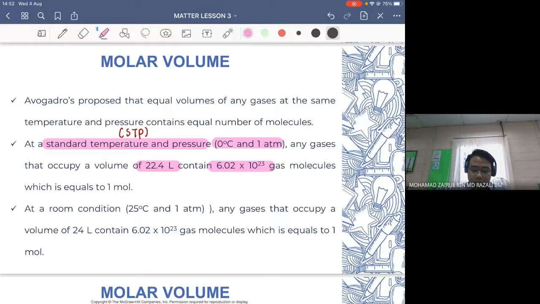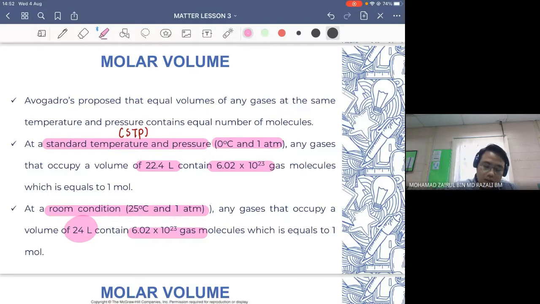At room condition, 25 degree and 1 atm, any gases that occupy a volume of 24 liter will contain Avogadro's number of gas molecule which is equal to 1 mole. Maknanya kalau awak measure 1 mole of any gases at room condition, volume dia mesti sama, 24 liter.